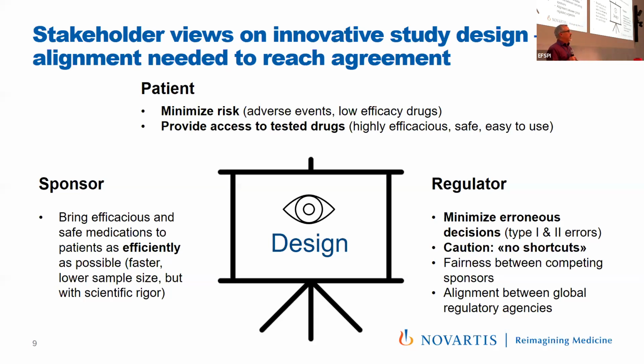So I think that regulators may want to avoid shortcuts, and maybe rightly so. There may also be a consideration of the fairness between competing sponsors. I hope so. And the alignment between global regulatory agencies, a topic that I mentioned before. I think people in the regulatory agencies are aware of this being an issue, but I don't think it's a problem that has been solved.